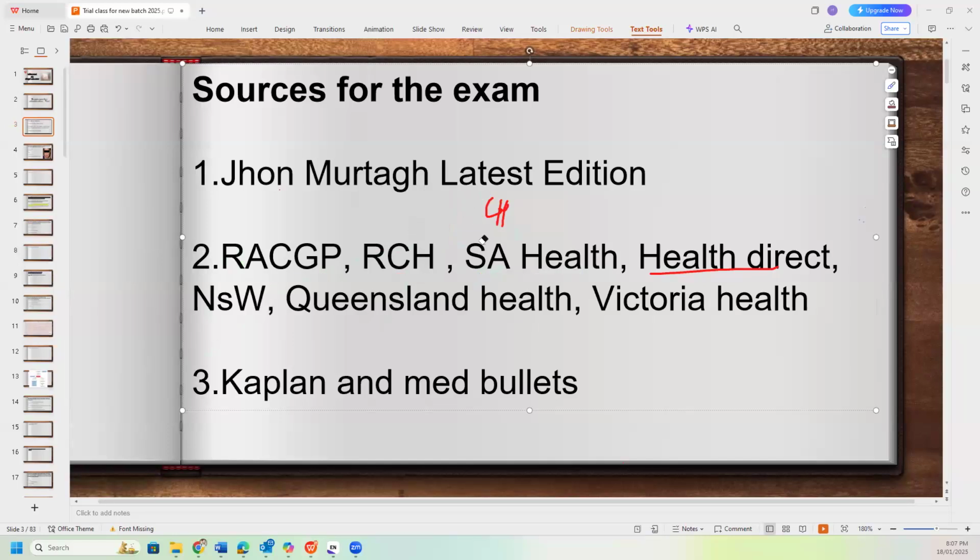So these are the journal sources we will use during our sample question solvation classes, and the majority of the time your tutors will use John Murtagh as a reference, but these references are also used as well. So Dr. Arshan will be covering the theoretical part, whereas the other tutors will help you go through the question solvation.